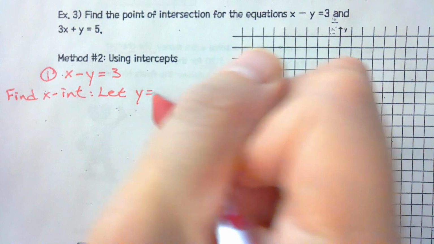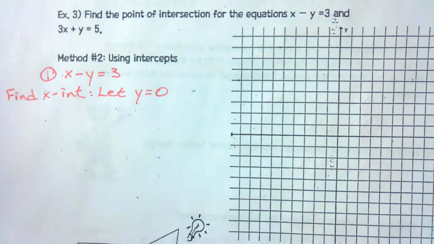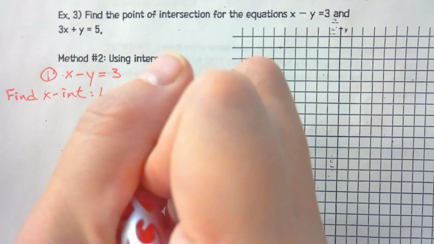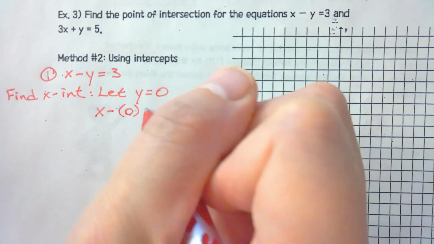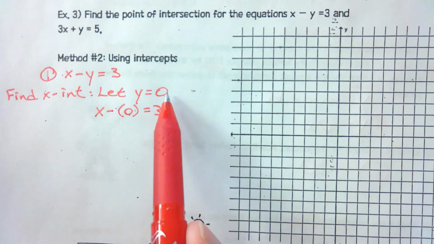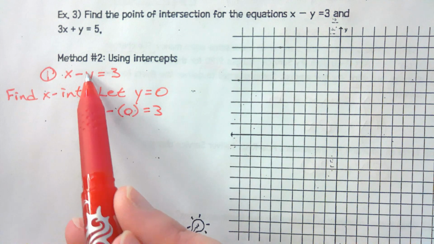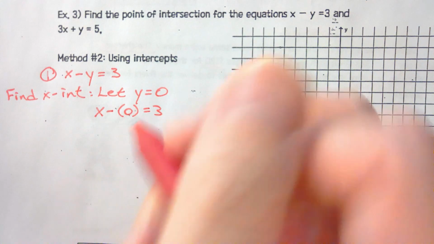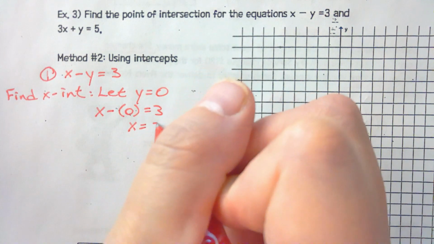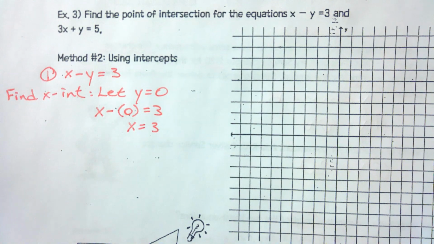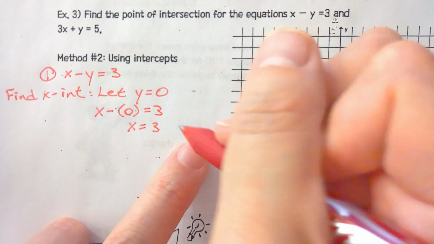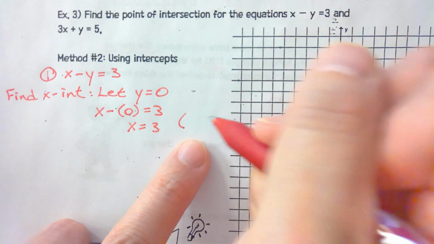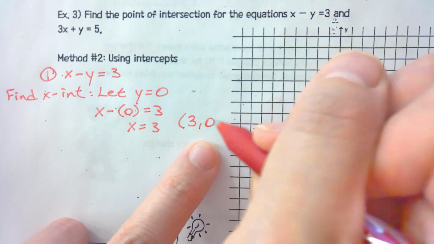Yeah, y equals 0. So x minus 0 equals 3. I'm replacing the y with a 0 right here. So then x is 3. What's my coordinate here? 3, 0.